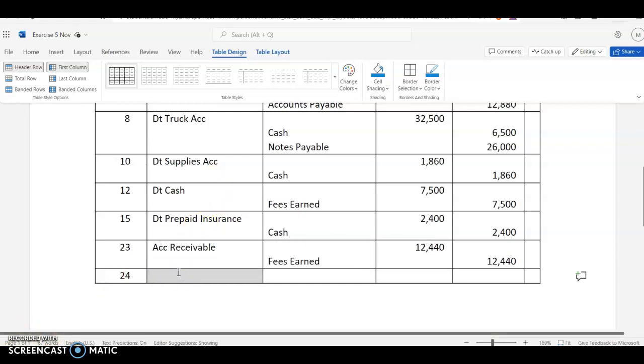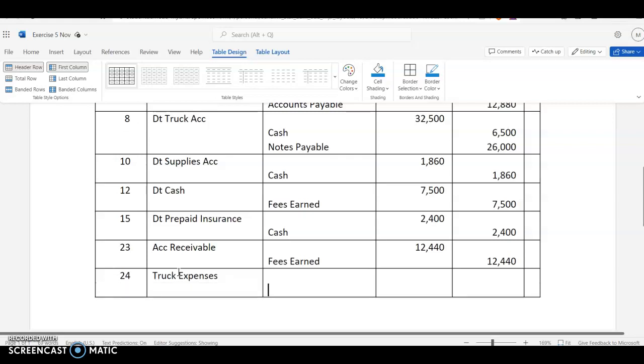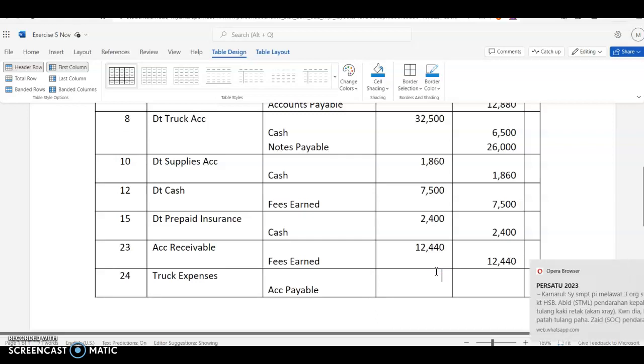So debit truck expenses, and credit to be paid, so accounts payable. The amount is 1,900.